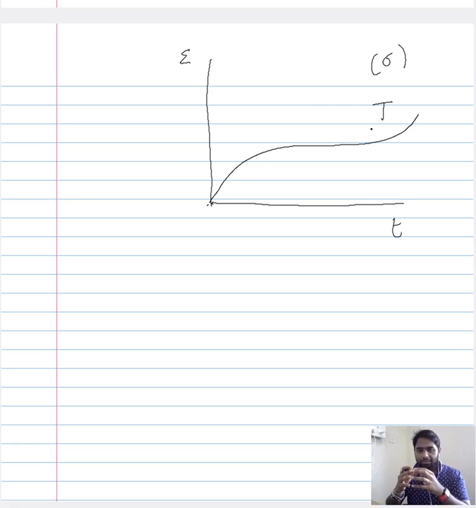Depending on the slope of this curve, we were able to section it into different stages. The reason we call them stages is because they happen chronologically one after the other.